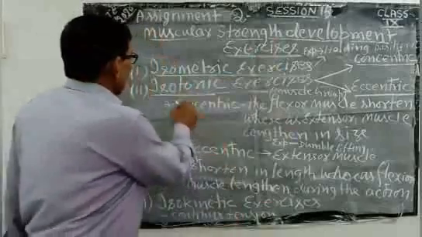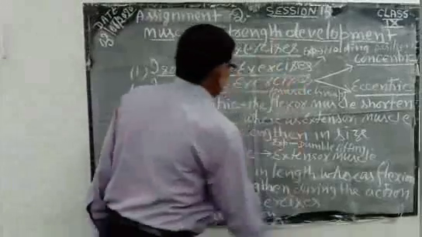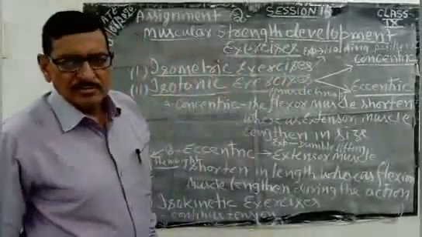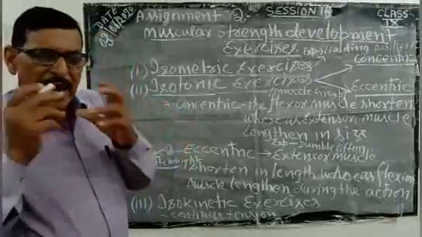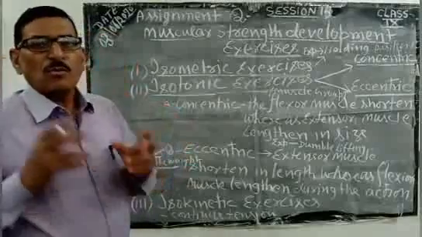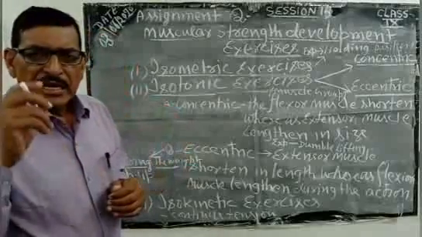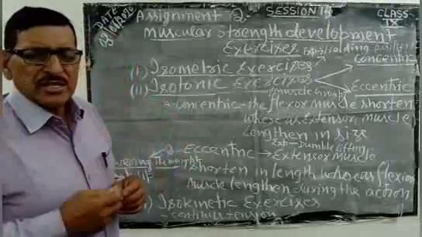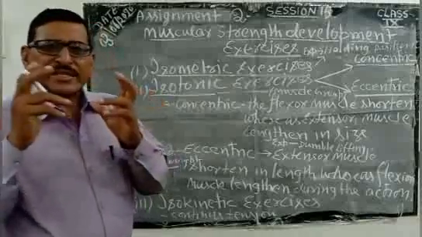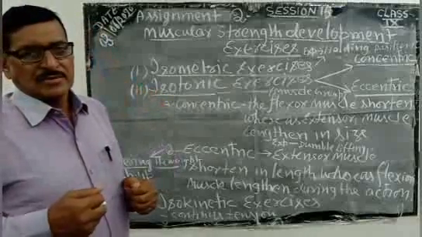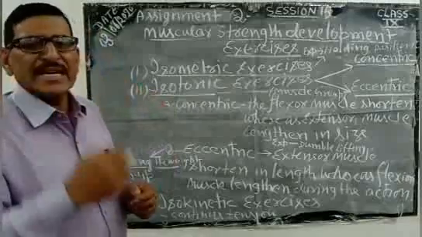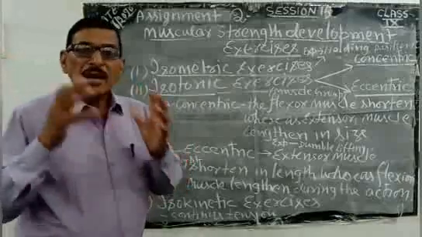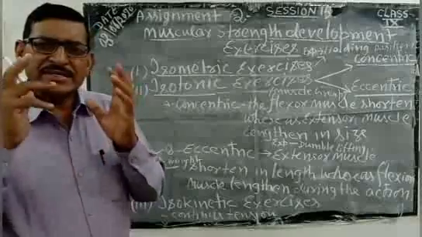Now second, isotonic exercise. Isotonic is derived from Latin word which means same tension. In these strength training exercise, muscle group has same tension.